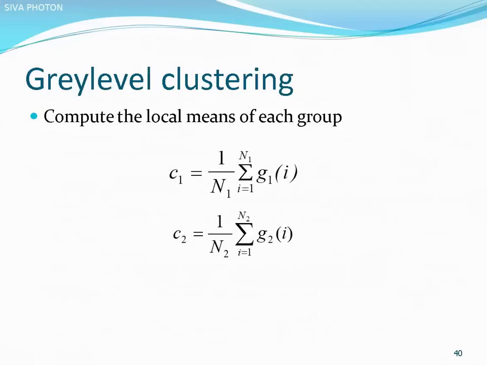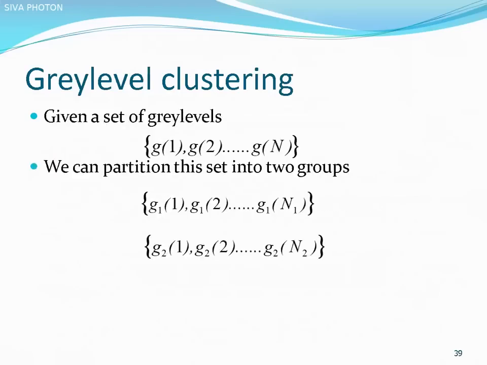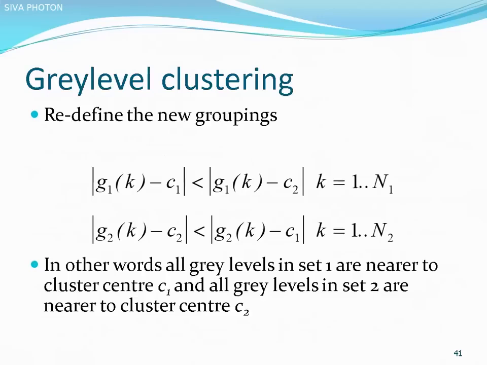Next, our objective is to find the means of each group. This is the formula to find the mean. Already we have two groups, namely C1 and C2, so we have to find the mean of C1 and C2. Next, we have to redefine the new groupings, so that all gray levels in set 1 are nearer to cluster center C1 and all gray levels in set 2 are nearer to C2.